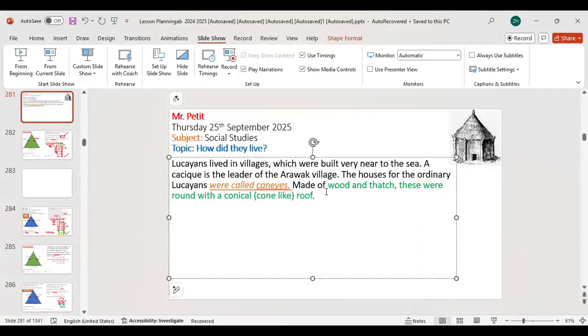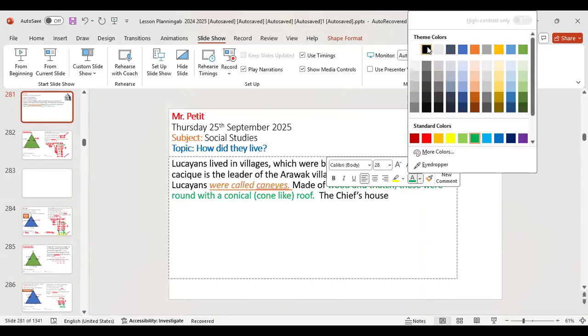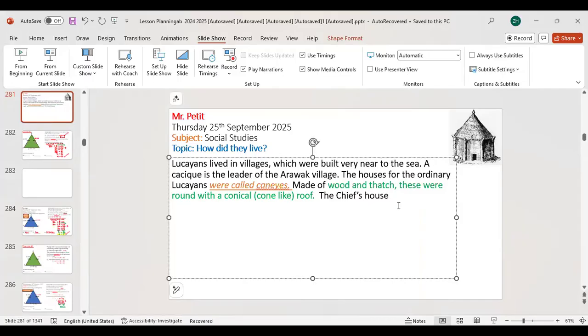Okay, so now the chief's house. Right, the cacique's house. The cacique was called a puhayo.